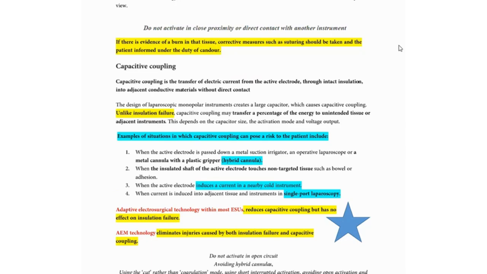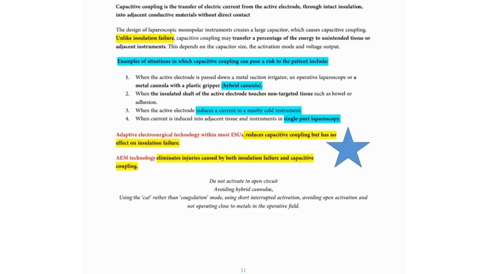So if we need to prevent such complication, how am I going to do this? I won't use hybrid cannulas. If I'm using hybrid cannulas, I have to make sure that I'm not nearby any bowels or vital structures, which is very difficult, by the way. Or I will not activate in open circuit.